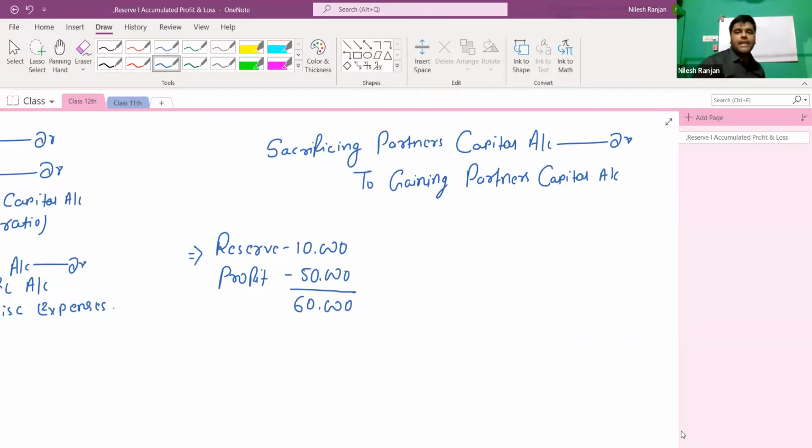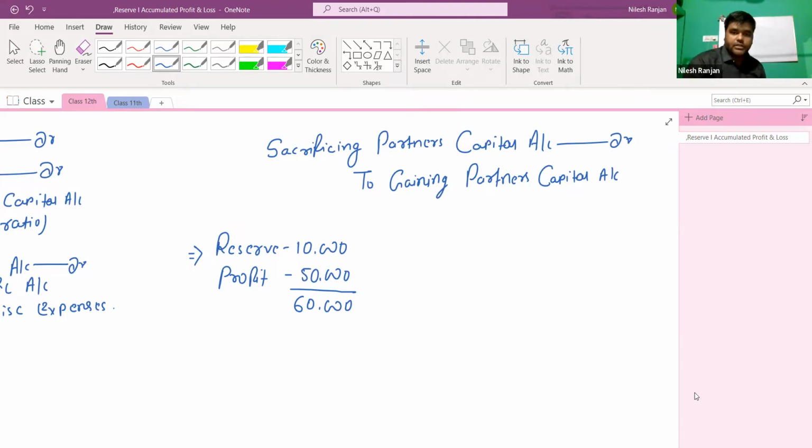of partners, sacrificing ratio or gaining ratio of partners, because sometimes if a new partner is coming into business, he is the gaining partner, but sometimes other partners gain also.